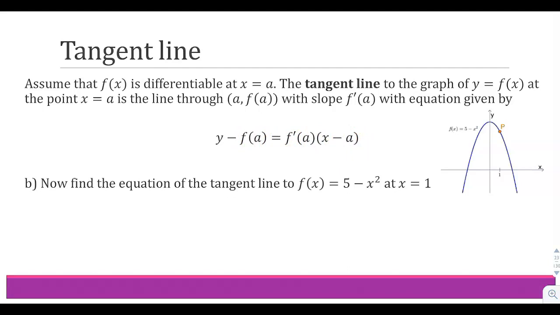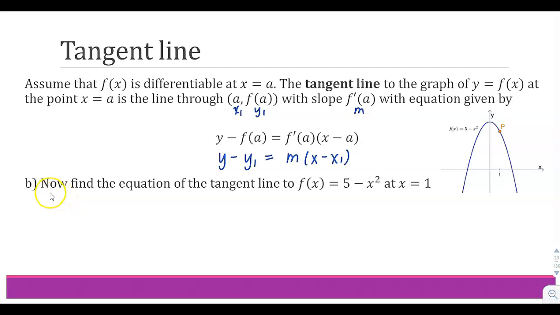And this should be a familiar formula. We can consider this an x1, y1, and f prime of a as a slope m. So this is really the formula y minus y1 equals m, the slope, times x minus x1. So nothing really new going on here.